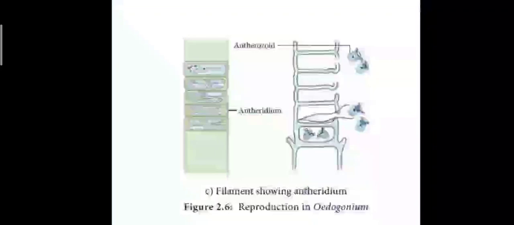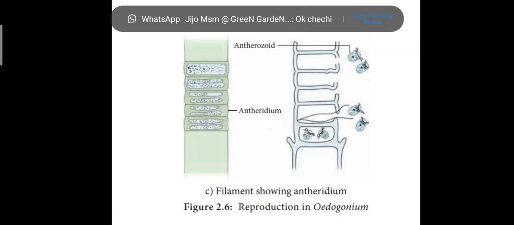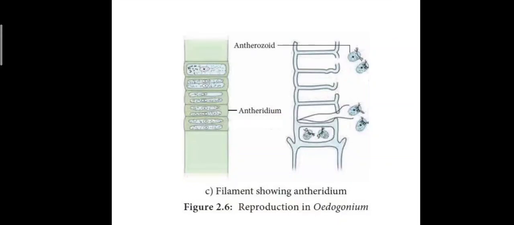Macrandrous species can be either monoecious or dioecious, while nanandrous species are always dioecious.